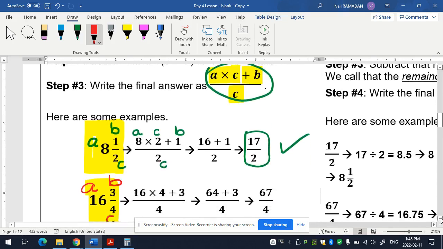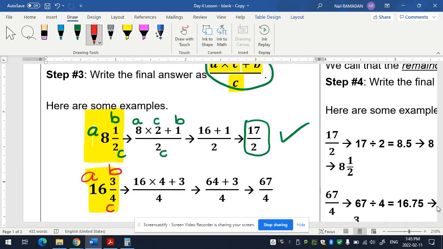I'm going to have them on the same screen. There we go. A times C. So this must be A. This must be C. This must be B. And it's the same number here, so this must be C. Yep, we did prove that 67 over 4 is 16 and 3/4.